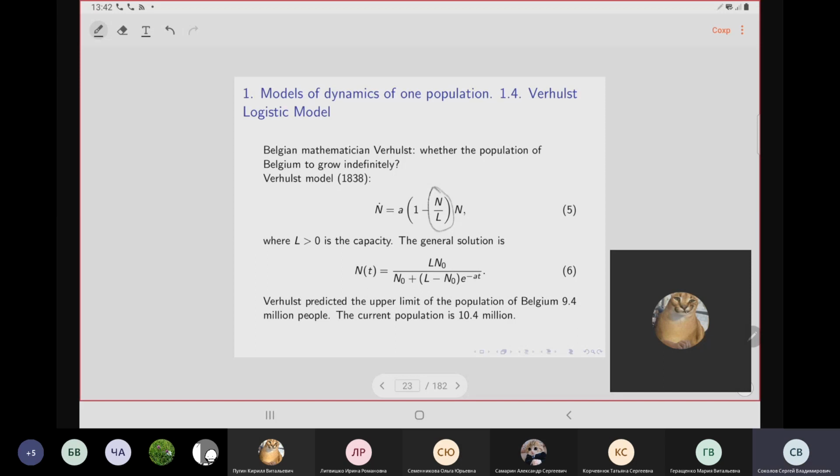But all these models have a problem. If we consider, for example, mammals, we need two species to reproduce, a male one and a female one. That means that their reproduction does not depend on n, but the reproduction depends on n squared.